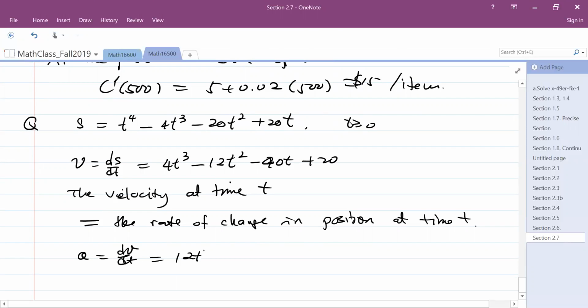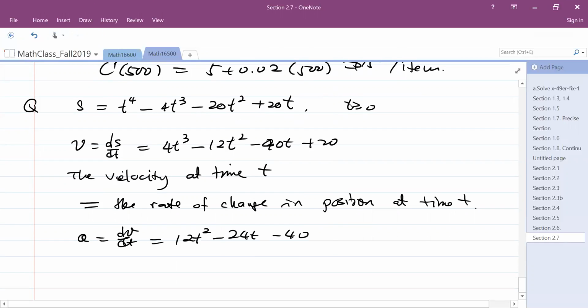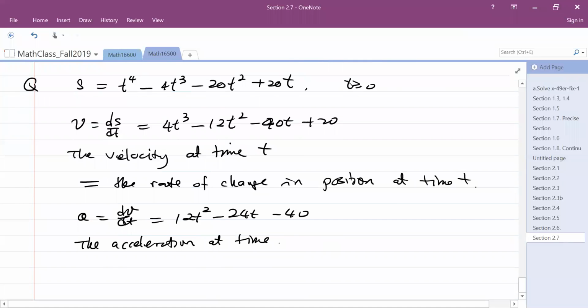So that's 12t squared minus 24t minus 40. That's called the acceleration. Acceleration is just the rate of change in the velocity.